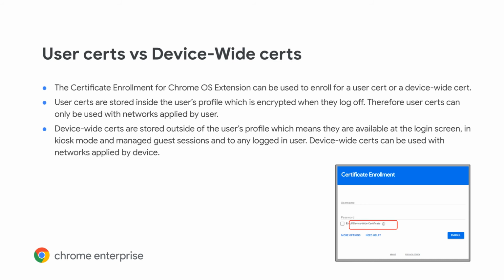So when a user logs off, those certs are encrypted and can't be used until the user logs back in. And the device-level certs are stored outside of the user's profile. So they are available at the login screen, in kiosk mode, in managed guest sessions, and to any logged-in user on the device.